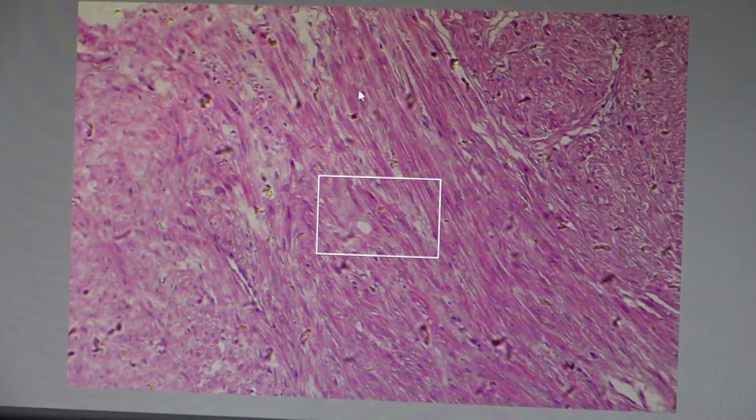These are the nuclei, these are the bundles, this is the transverse section, and these are the interlacing bundles of benign-looking smooth muscle. No evidence of atypia or any malignant change. This is leiomyoma, or fibroid, or myoma of the myometrium of the uterus.